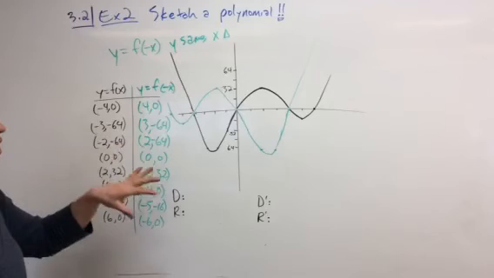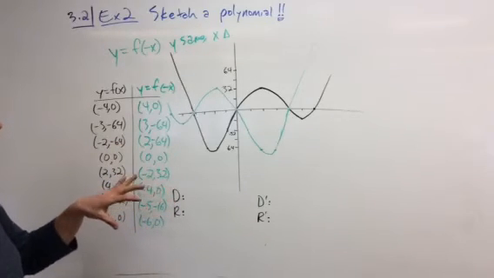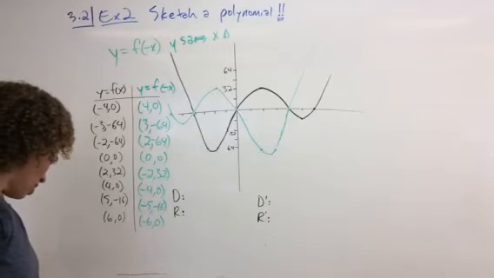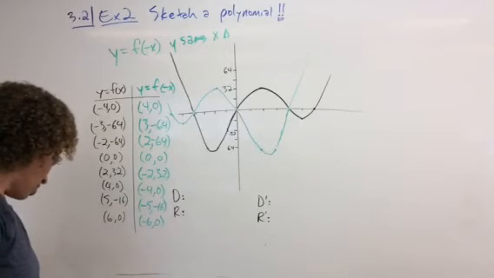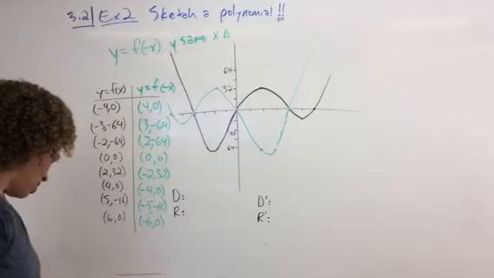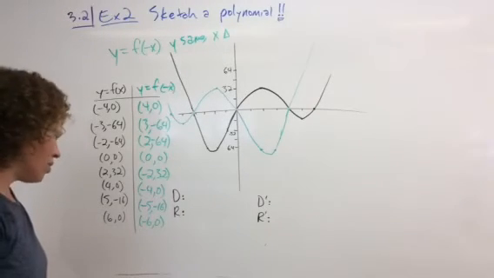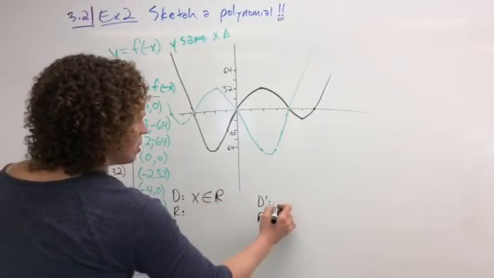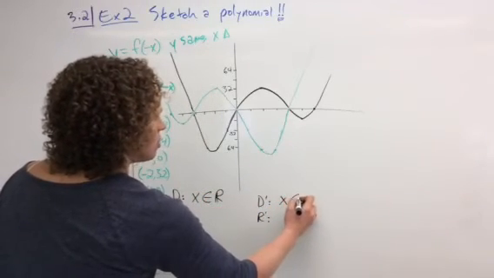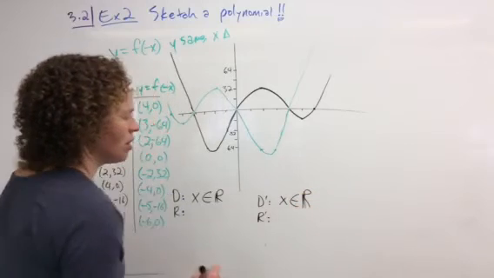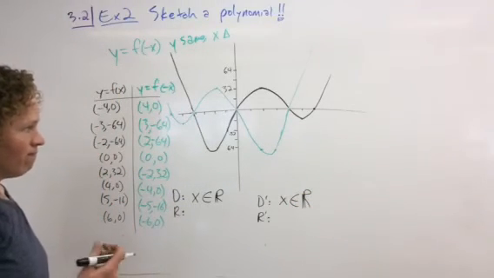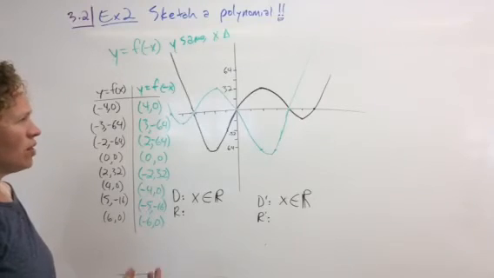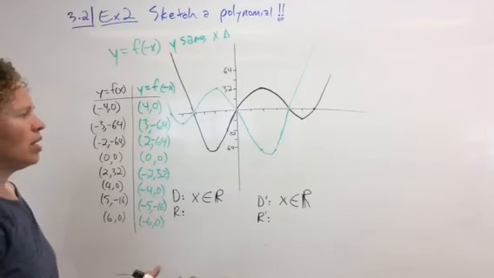But if you look at the graph, it's actually just going on forever. So I'm just going to write x is in the realm of all real numbers here. I took a minute to check and make sure that they weren't doing anything weird. But yeah, the x didn't change in terms of it just goes on forever both ways.